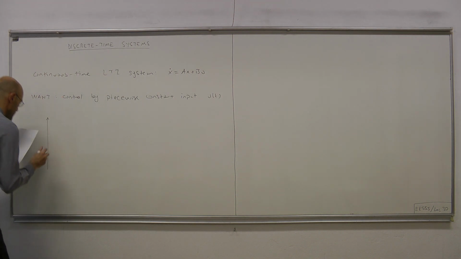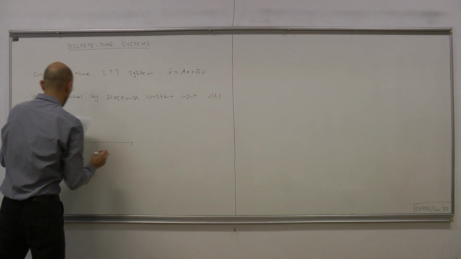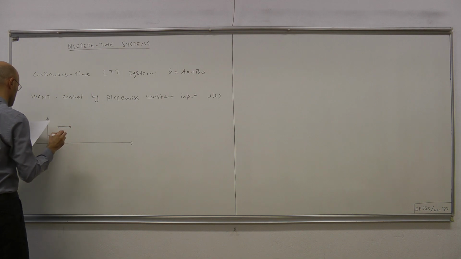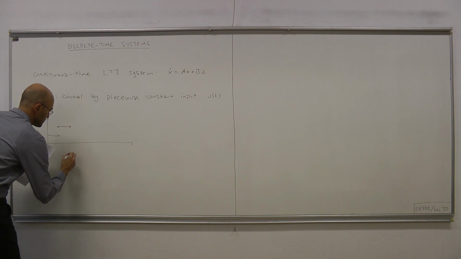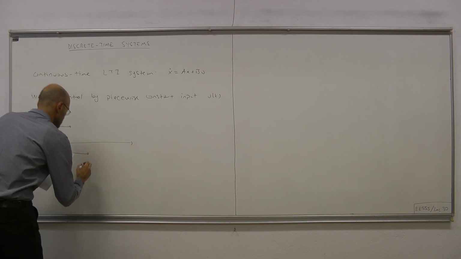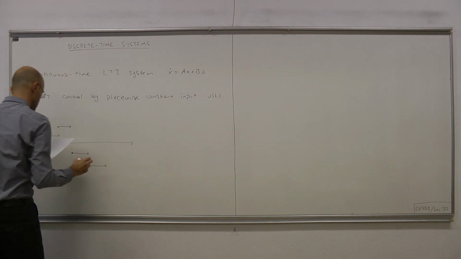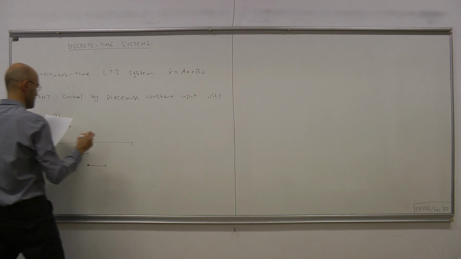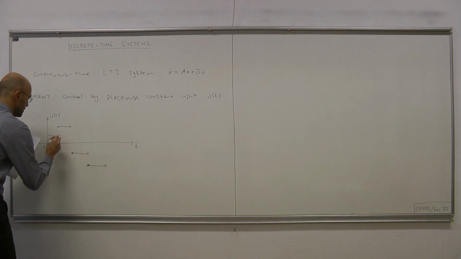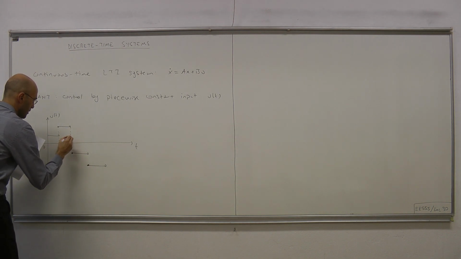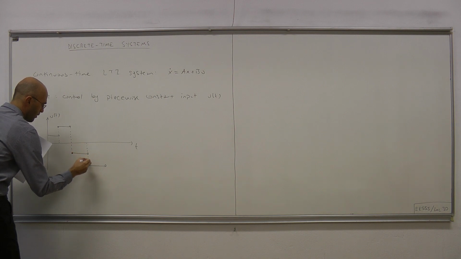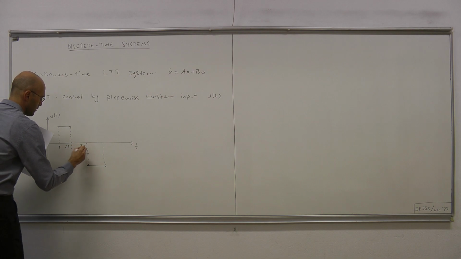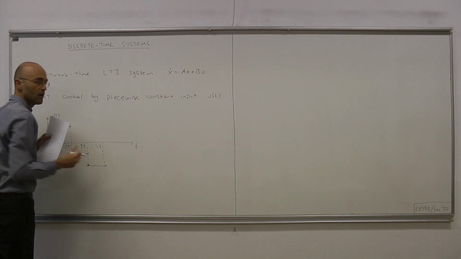So that means we're talking about an input like this. Zero, u of t, t. This is T, this is 2T, 3T, 4T, and so on.